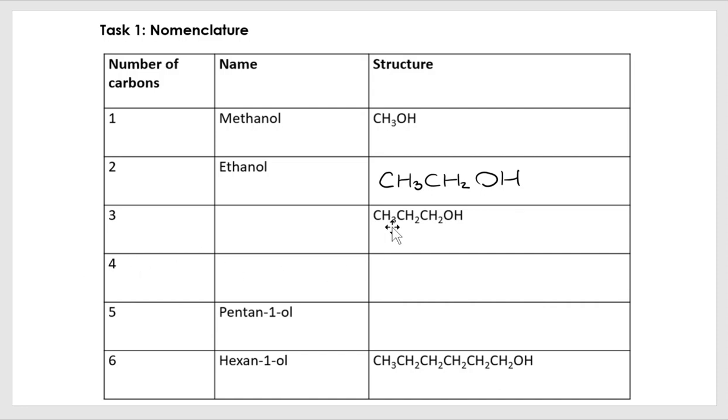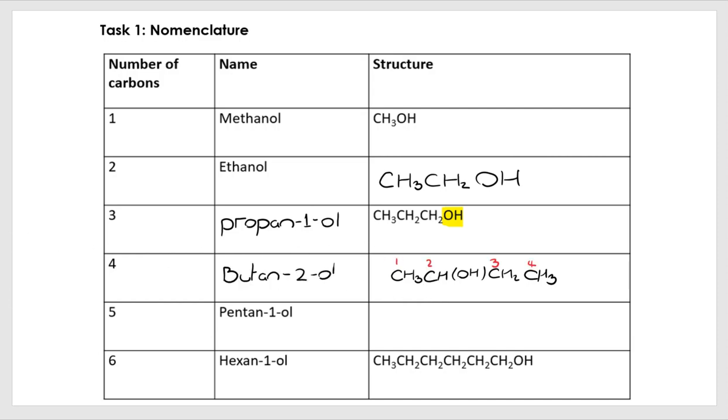And then we've got the next one, which is 1, 2, 3 carbons in a row, and we've got the 3 there as well. And that's going to be propanol, but the alcohol is on the first carbon. So this becomes propan-1-ol. And then the next one, we've actually got a little bit of free rein. I'm drawing in the structure first, and you can see that I've put my OH on the second carbon, which means that the name is going to be butan-2-ol.